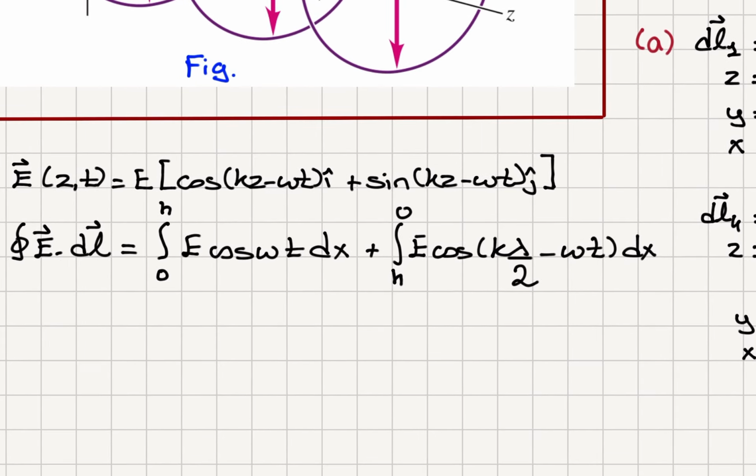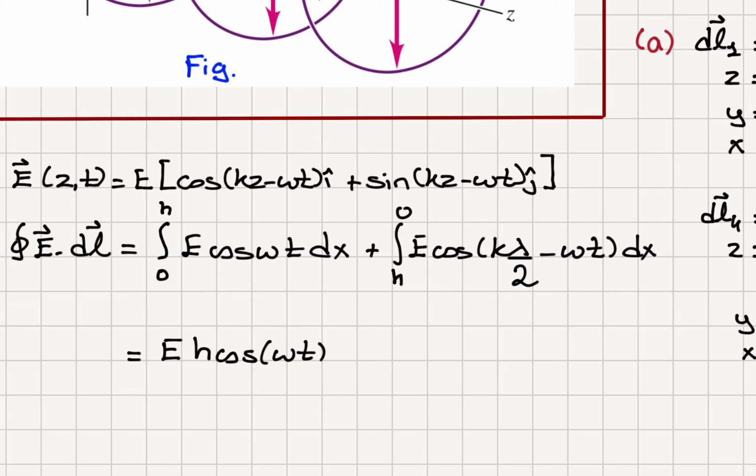Okay, so if I perform this integration, there is nothing that depends on x here, so this integral will give me delta x, which is 0 to h, delta h, which is h. So this is going to give me EH cosine omega t.